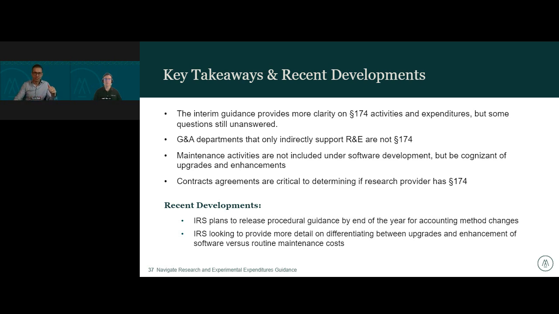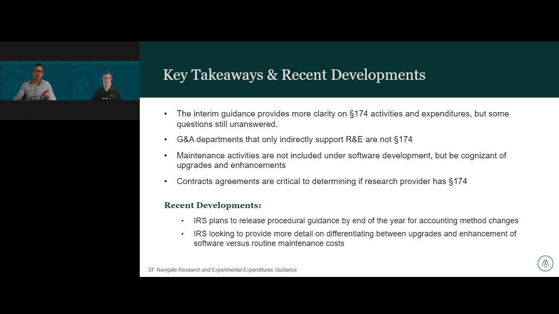And just in terms of recent developments, a couple things to mention. First, there is broad bipartisan support in Congress to repeal 174, even retroactively, but the current political environment poses significant challenges to getting that done. I'll leave it at that.